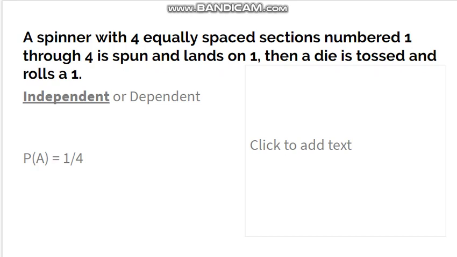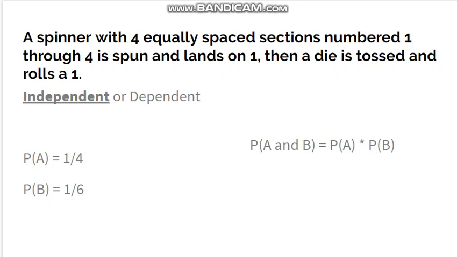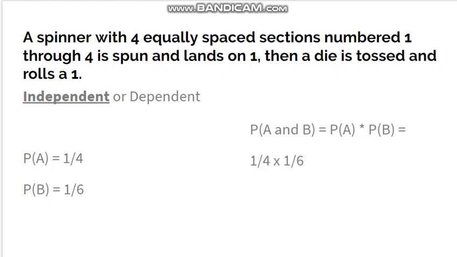Rolling a die and getting a 1 is 1 out of 6. A die has 6 sides, or in this case, we're assuming that they're using a 6-sided die. Independent events, we multiply together, and we get 1 out of 24.